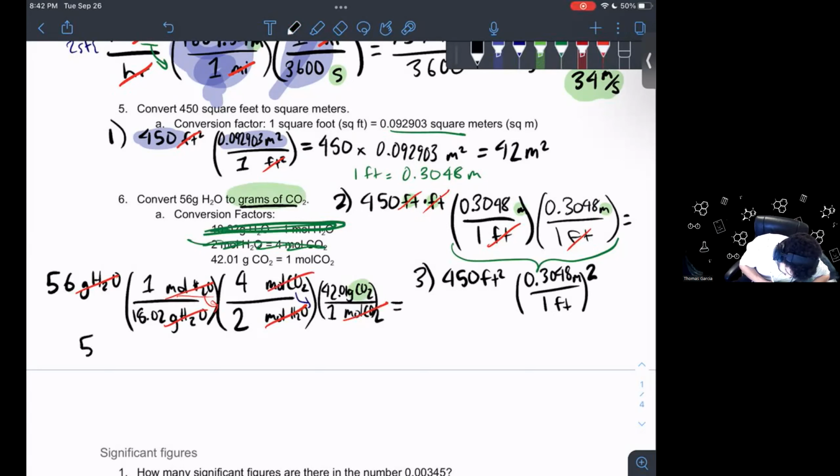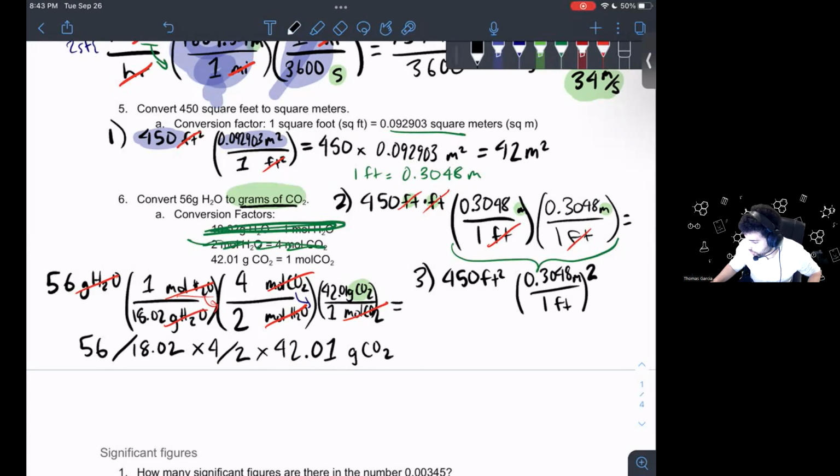I'm going to move this under. 56 divided by 18.02 times 4 divided by 2 times 42.01. And I'm going to end up with gram CO2. And let me go ahead and type that into my calculator real quick.